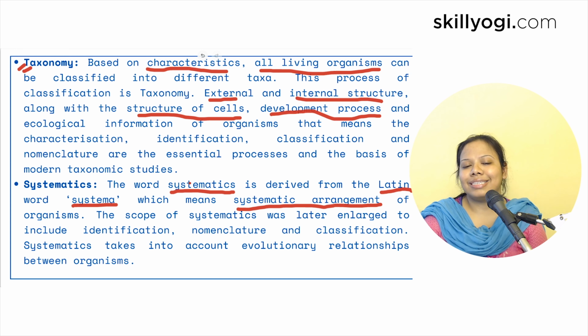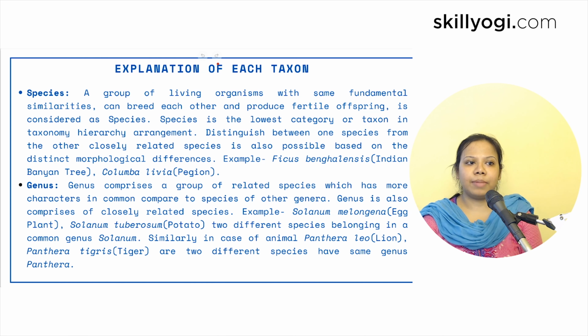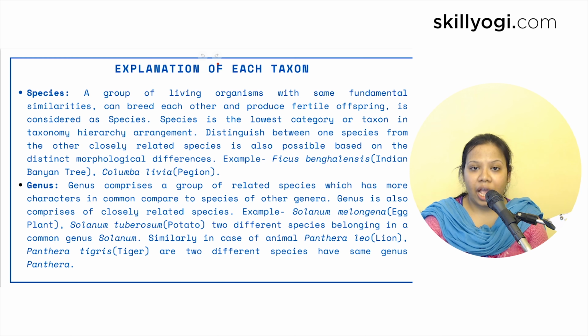We previously discussed that when we classify any species, it is classified in a particular manner, and when we arrange each taxon, it is arranged in a particular manner. So this is known as systematics. Where we arrange them in a particular manner, this is known as systematics. Let's explain each taxon that is present in taxonomy.